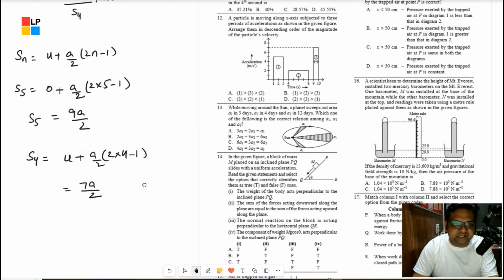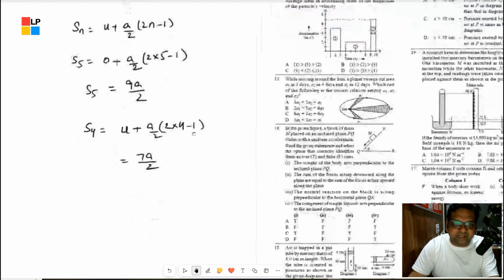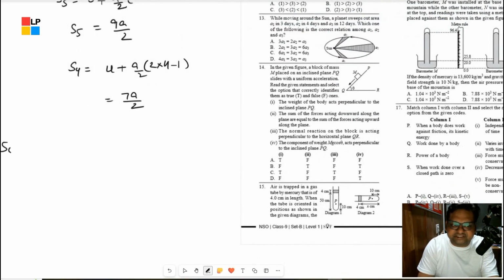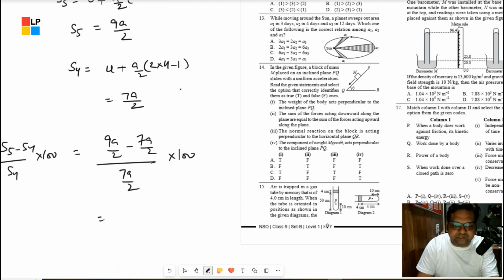Now we will put the values here because we know the formula. The formula for the percentage increase is s5 minus s4 divided by s4 multiplied by 100. So s5 is 9a by 2, s4 is 7a by 2, and divided by s4, again 7a by 2, multiplied by 100. That will be 2a by 2 over 7a by 2, a simple calculation, and things cancel out, 2 and 2, a and a, and that will be just 200 by 7.